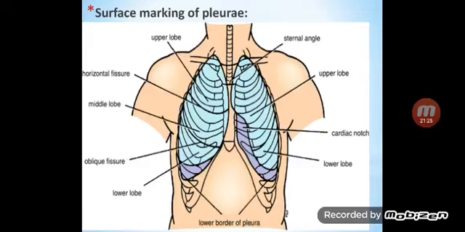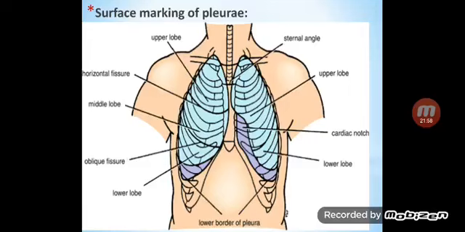It crosses the 8th rib at the midclavicular line, the 10th rib at the mid-axillary line, and the 12th rib just adjacent to the vertebral column. For easy memorization, 8, 10, 12: it crosses ribs 8, 10, 12 at the mid-clavicular, mid-axillary, and just adjacent to the vertebral column, respectively. So the inferior border in the right lung and left lung are the same.